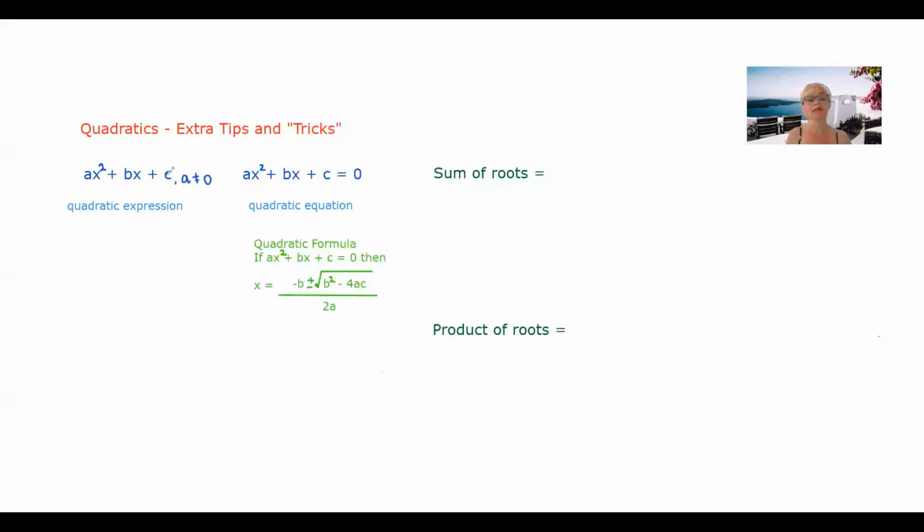At most, you have a linear expression. You must have an x squared term for it to count as a quadratic expression. You may also have an x term and a constant term, one or the other or both. That's perfectly fine. It doesn't have to be x, of course. Your variable can be anything. It can be x, it can be y, it can be d, whatever the case may be.